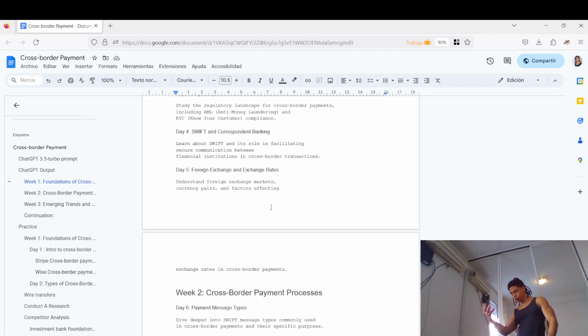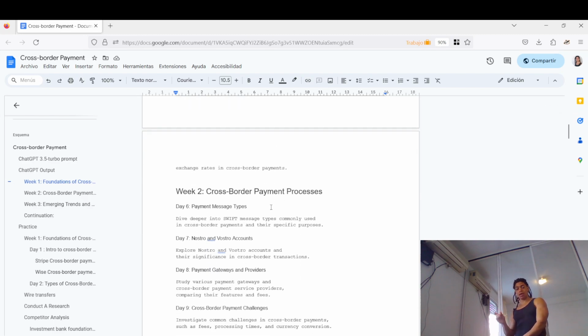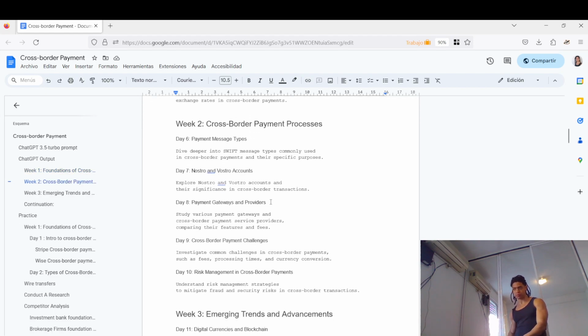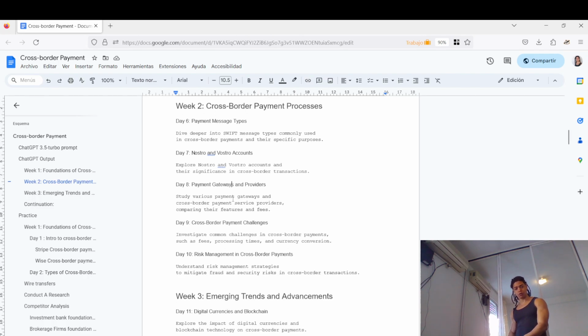Then look at the mechanism, the cross-border payment processes: the payment message types, Nostro and Vostro accounts, payment gateways and providers, very important, and the challenges and risk management in cross-border payments.